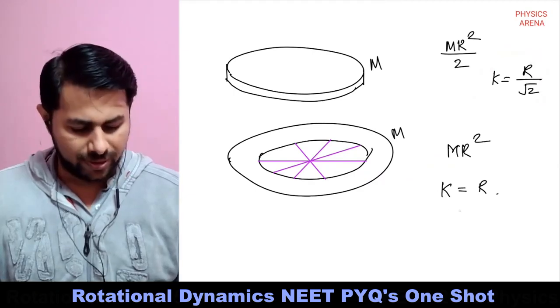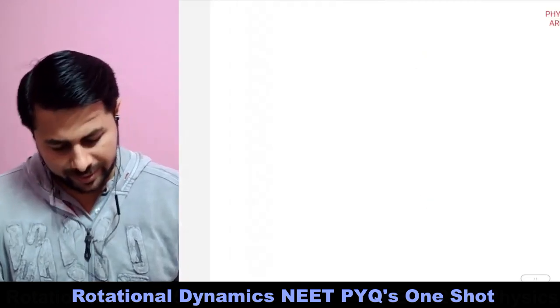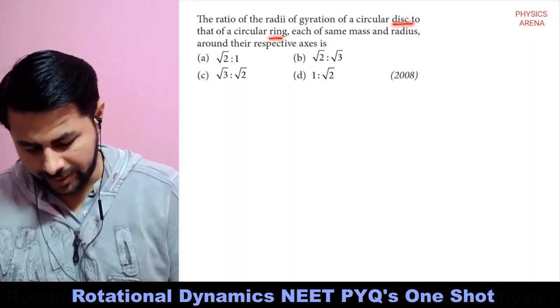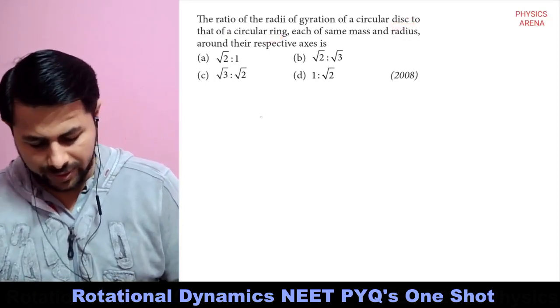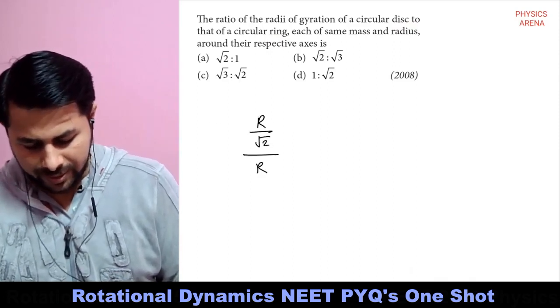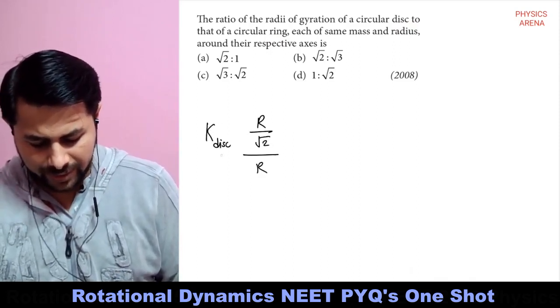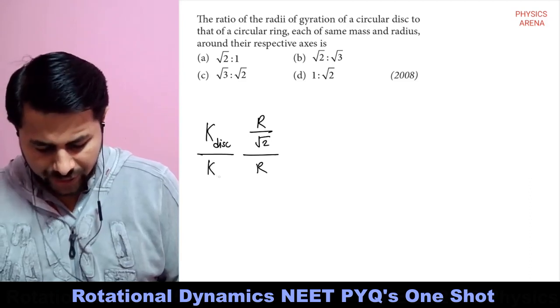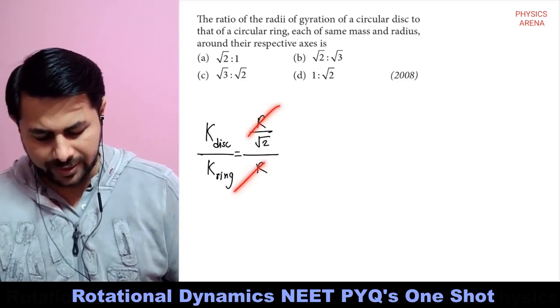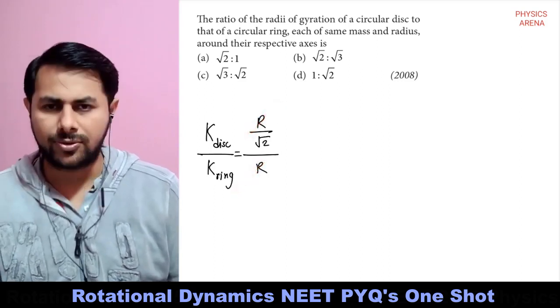It's r by root 2. For a ring, it is r. So what's the answer of this? You want disk to ring, right? So it is r upon root 2 divided by r. This is the radius of gyration for a disk, and this is the radius of gyration for a ring. Okay, so r gets cancelled. 1 upon root 2, or 1 is to root 2, is the answer.